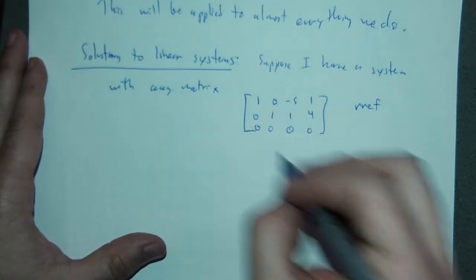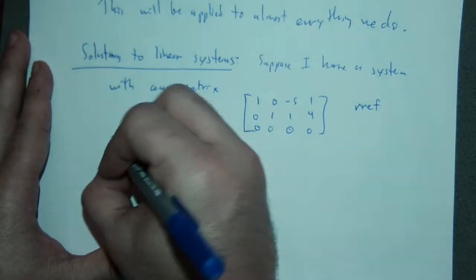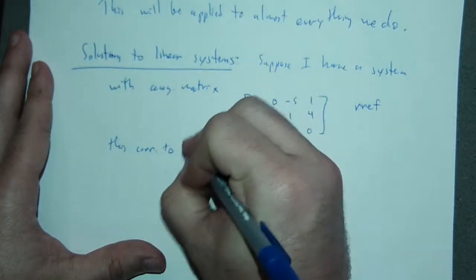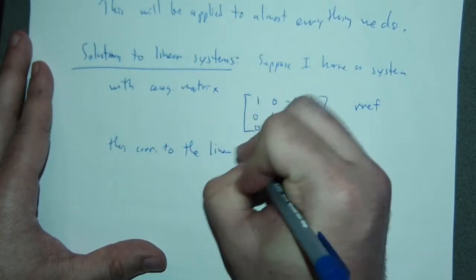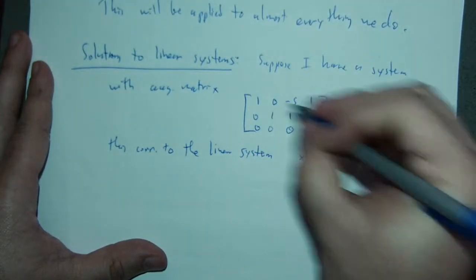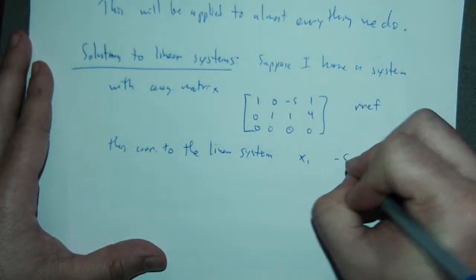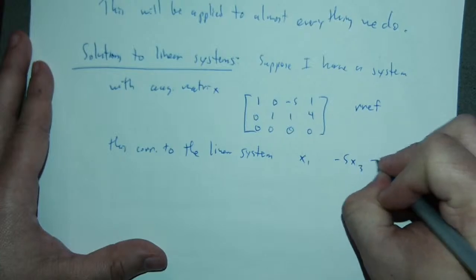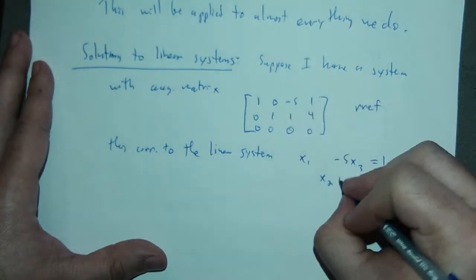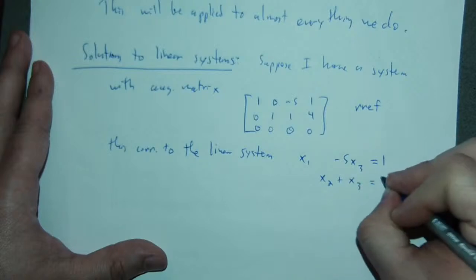Let's write the corresponding linear system. So this corresponds to the linear system, which is x sub 1 minus 5x sub 3 is equal to 1, and x sub 2 plus x sub 3 is equal to 4.